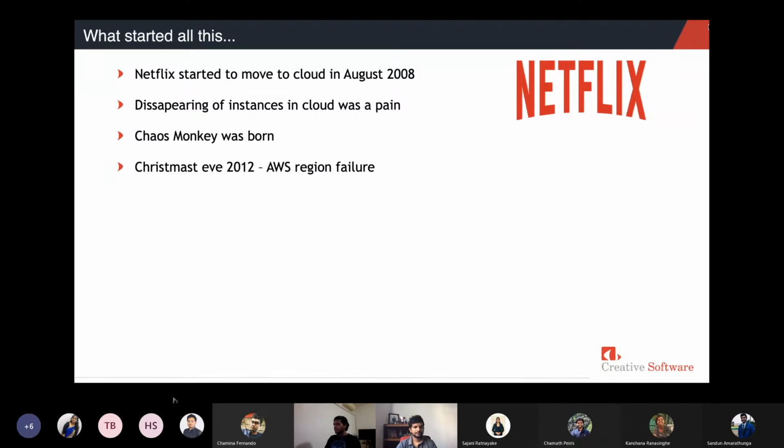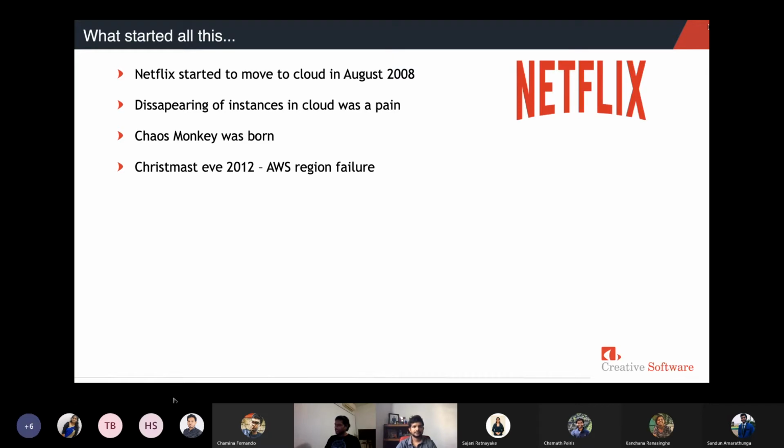And then on Christmas Eve in 2012, an AWS region failure occurred, because Netflix was using AWS services as their infrastructure. They had a very bad time because no one was at the office.